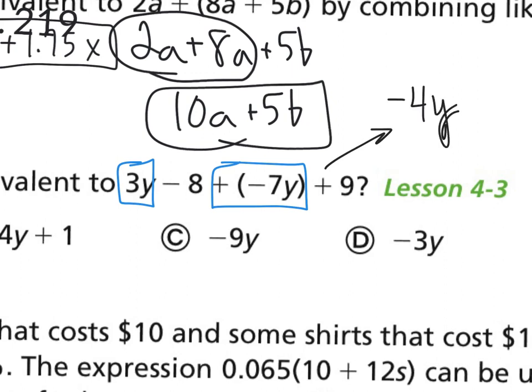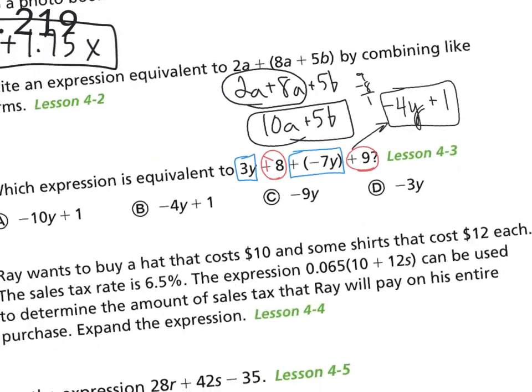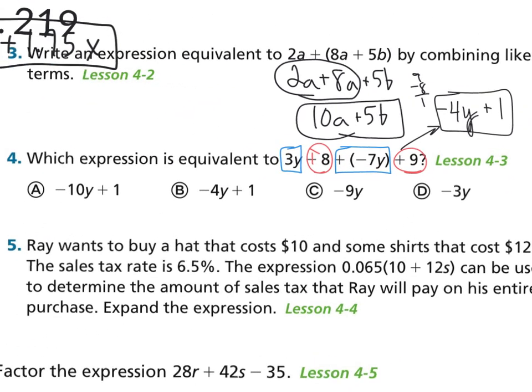And then if you want to add the opposite here, you can. This is negative 8 plus 9. Those are working against each other, so if you subtract, we've got a difference of 1, and we have one more positive. So negative 4y plus 1, and that would match up with answer choice B.